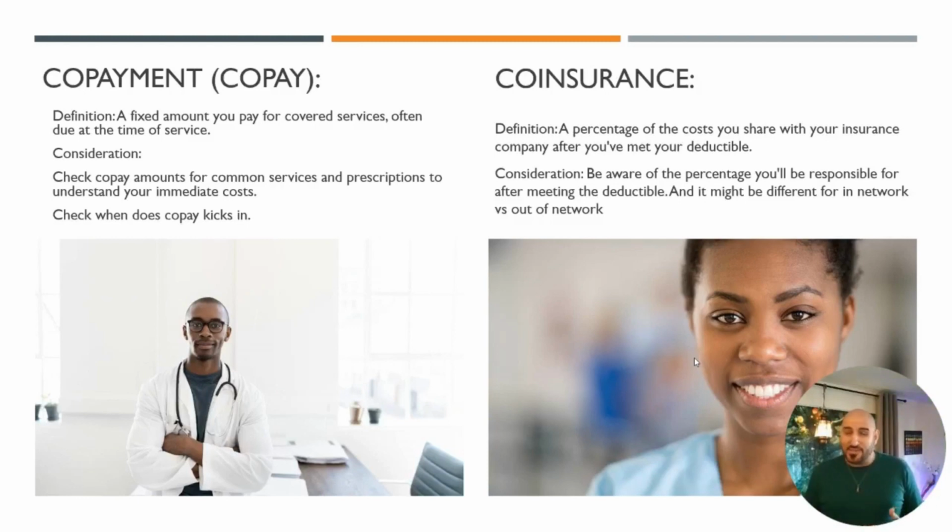Some services are different as well. For a PCP, for example, you might pay only 10% versus 40% for a specialist. And that's also special for dental work. Some services they cover, let's say, 100%, 80%, 60%, or 40%. So make sure to understand that.